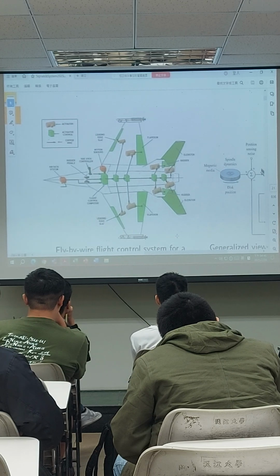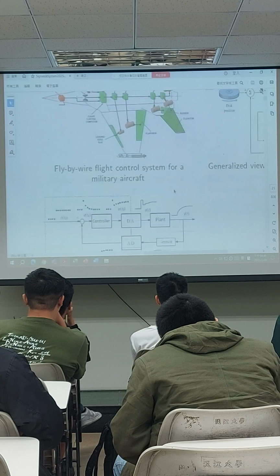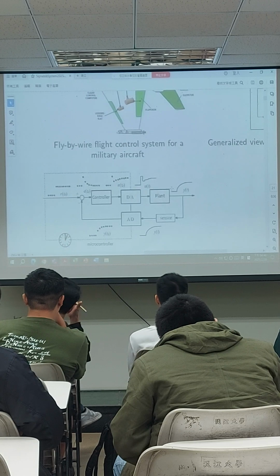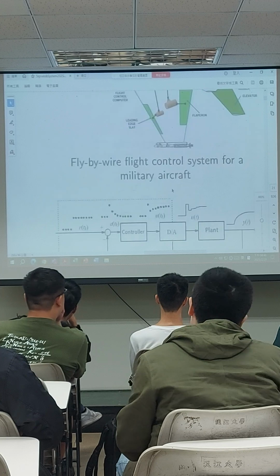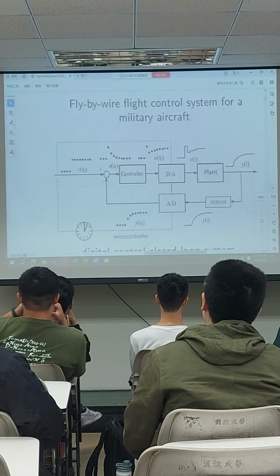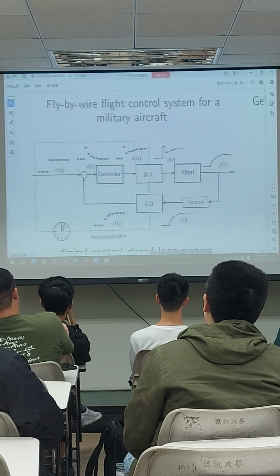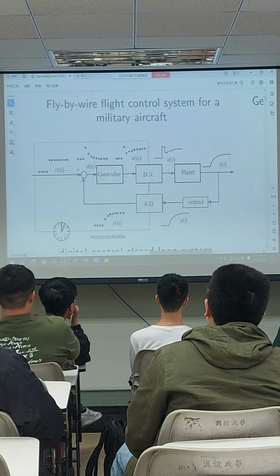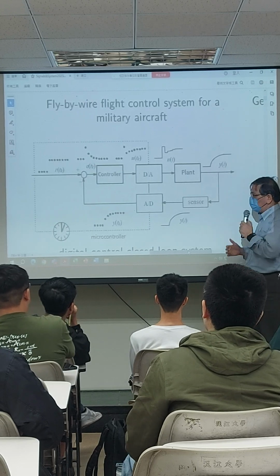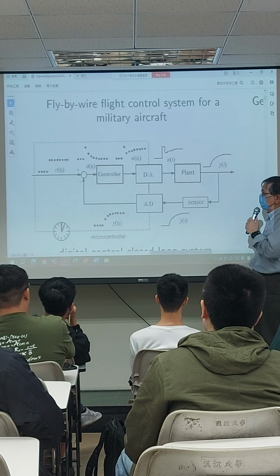So let me jump to the closed loop system. That can represent a general system. For a general closed loop system, this closed loop figure is very important.